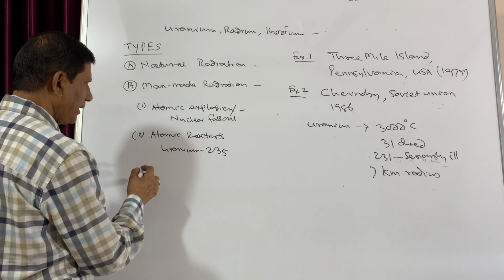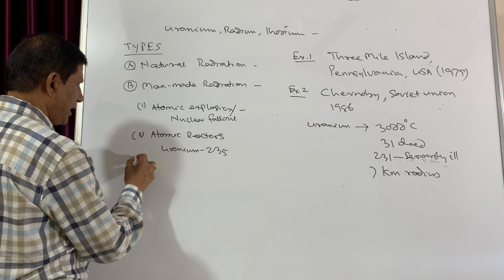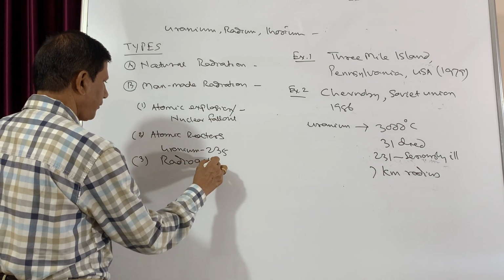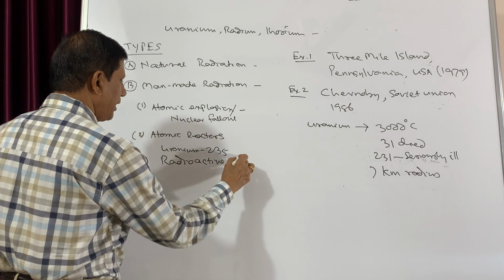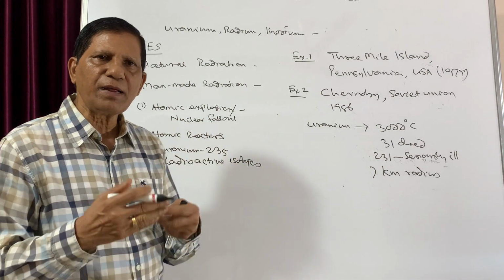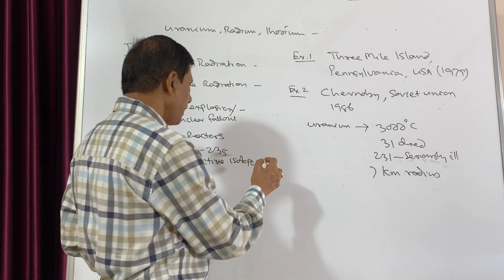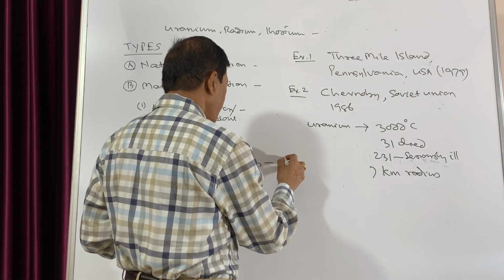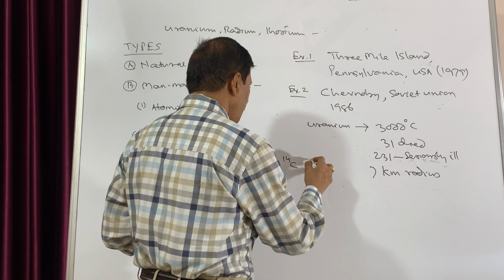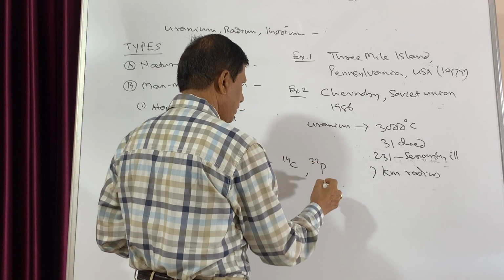Then we can take the third case: radioactive isotopes. Usually in different types of experiments, scientists use isotopic carbon and also isotopic phosphorus.